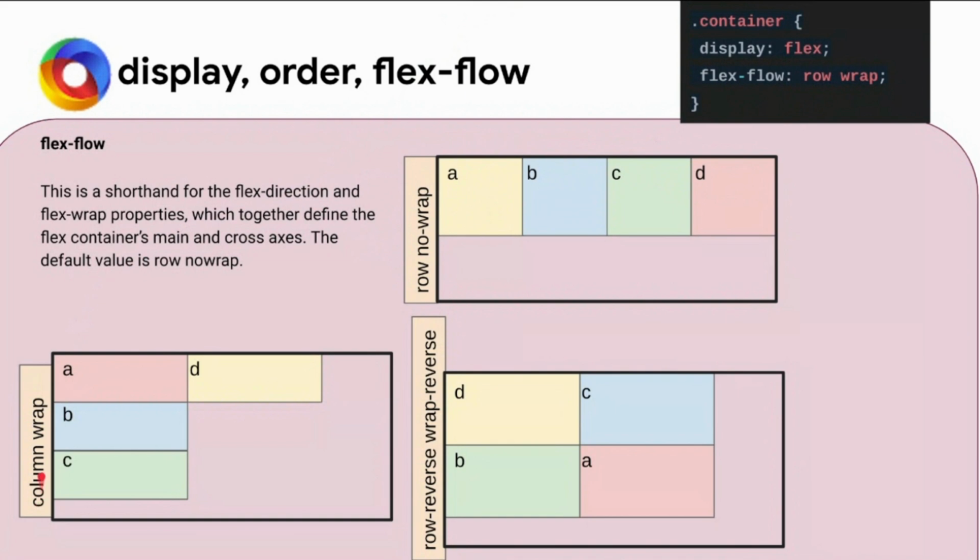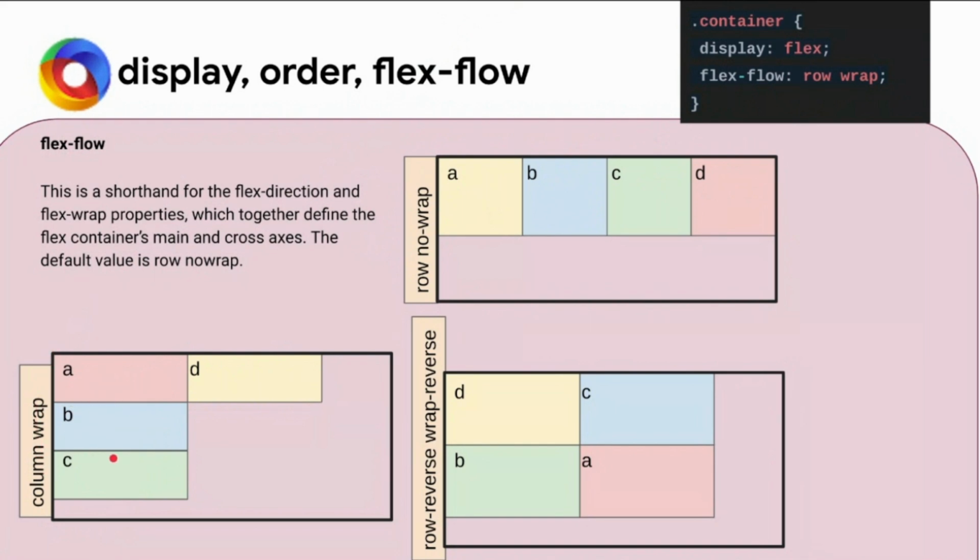But in case I have written column wrap, what exactly is it telling? Firstly it will display as a column, so everything comes one below another. And if wrap is written, once the height ends, it will shift the next element sideways, like the next column. So wrap will automatically generate a new line if the container height is less than the combination of A, B, and C, like that.